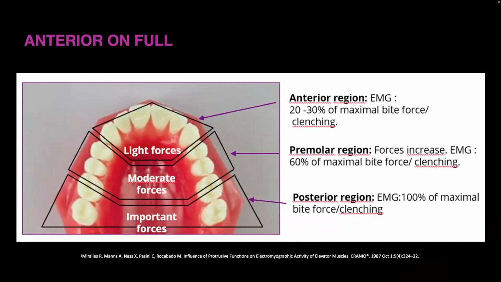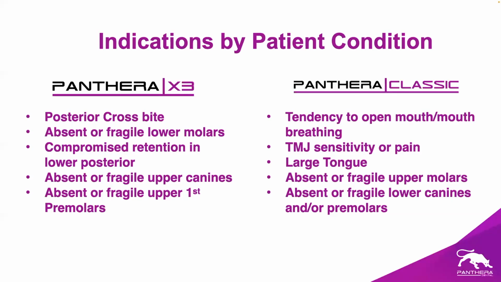If we only get their anteriors to touch, they can't generate as much force as when we get full on full and full occlusal contacts. They can generate more force back up to their 100 maximum value. So if you have these big clenchers, these big grinders that have broken everything you've ever put in their mouth, think of creating this anterior on full. So now, when do I use what?